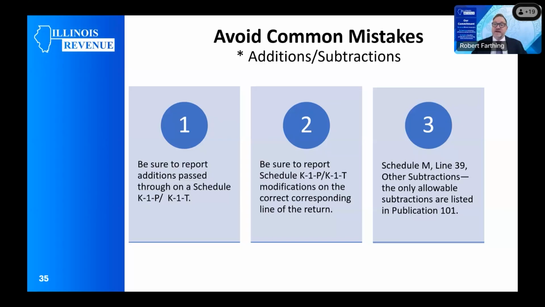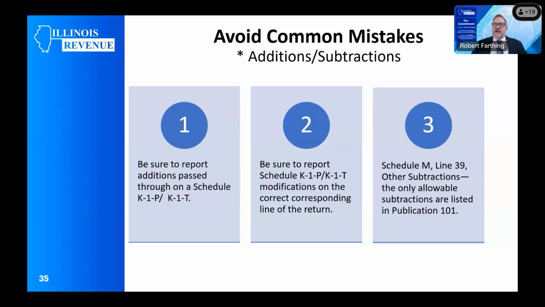One special thing to note is that Schedule M, line 39, other subtractions, is generally not the place where subtractions are reported. There's usually a better place on the return or on another schedule to report that subtraction.